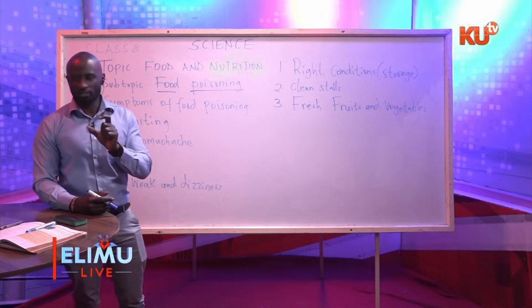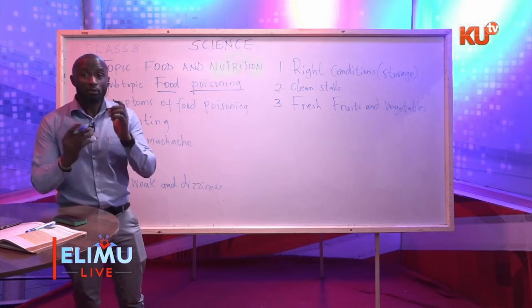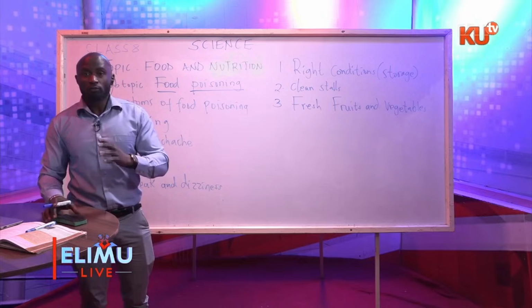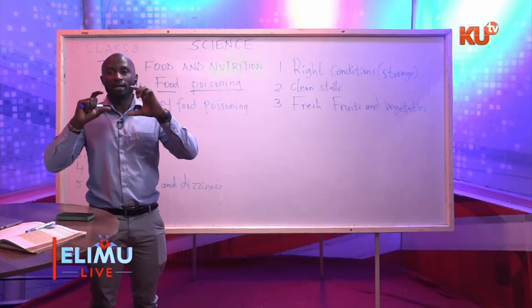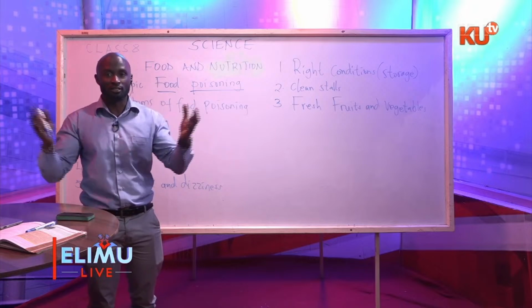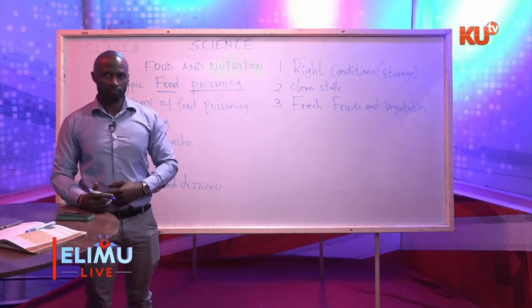Another very important thing is checking the expiry date. How many of us here get to a supermarket and before they buy any product, especially these fast foods, for instance, how many of us just check the expiry date?